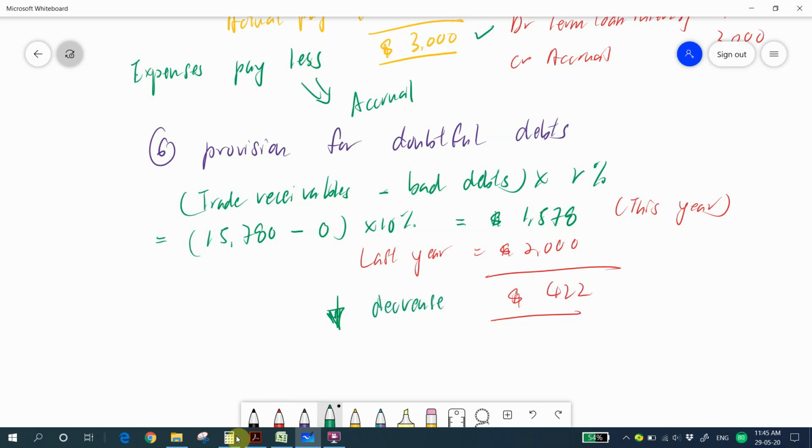When you have a decrease in the provision for doubtful debts, this is income for the company. Last year 2,000, now 1,578, so you have a difference of 422, and this 422 is income for the company.